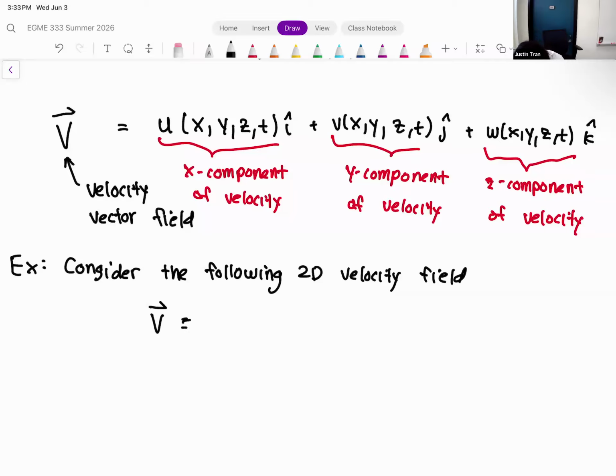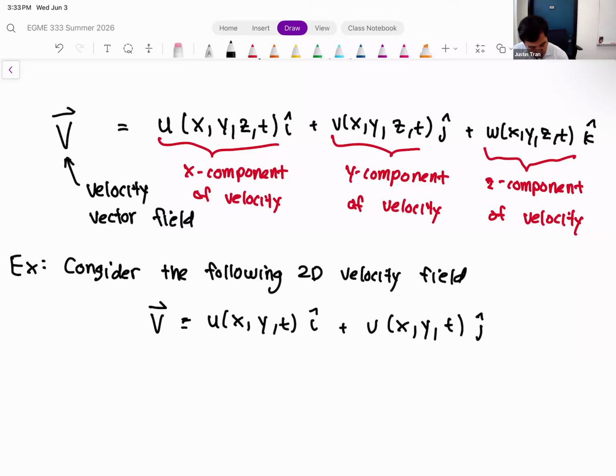So this is going to be u of x, y, and t i hat plus v of x, y, and t j hat. Notice how there's no w, because we're only in 2D, and there's no z dependence for each of the components as well.